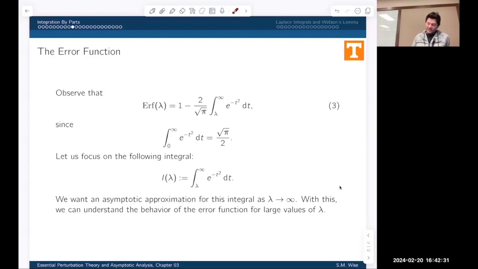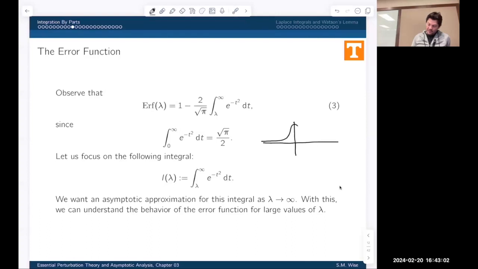Now, why is this true? How can we do this conversion? Well, this hinges upon the fact that the following Gaussian integral has the value square root of pi over 2, which you can check easily. Usually, these Gaussian integrals are sometimes tabulated in terms of the integral from minus infinity to infinity.